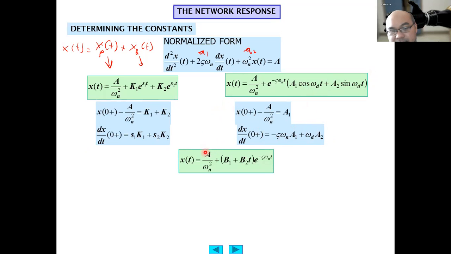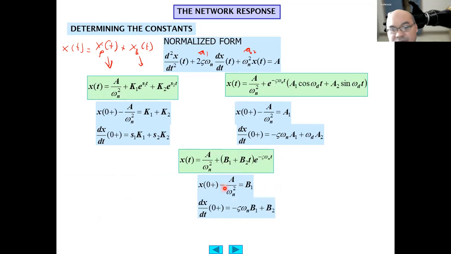Then for the third case, critically damped, when zeta equals 1, x(t) is A divided by omega n squared plus b1 plus b2 t times e to the minus zeta omega n t. So the initial condition, x minus A over omega n squared at t equals 0, where this equals 1 and this equals 0, so x(0) minus A divided by omega n squared equals b1.